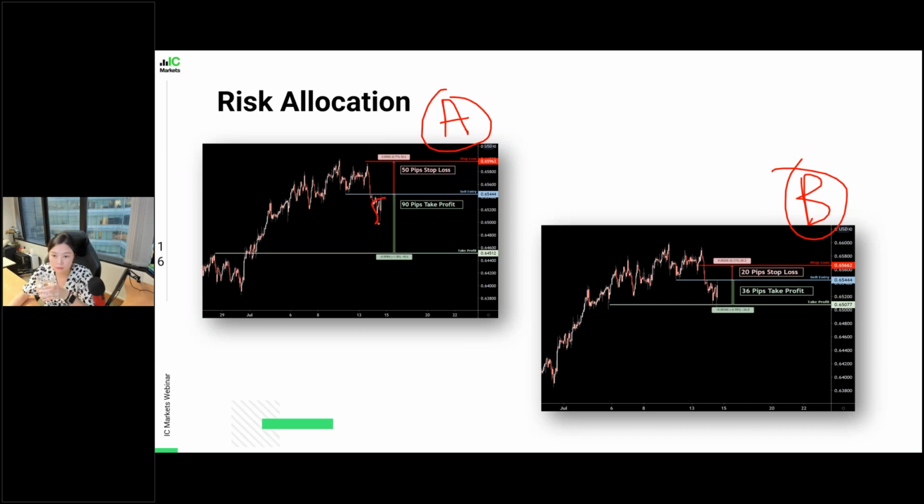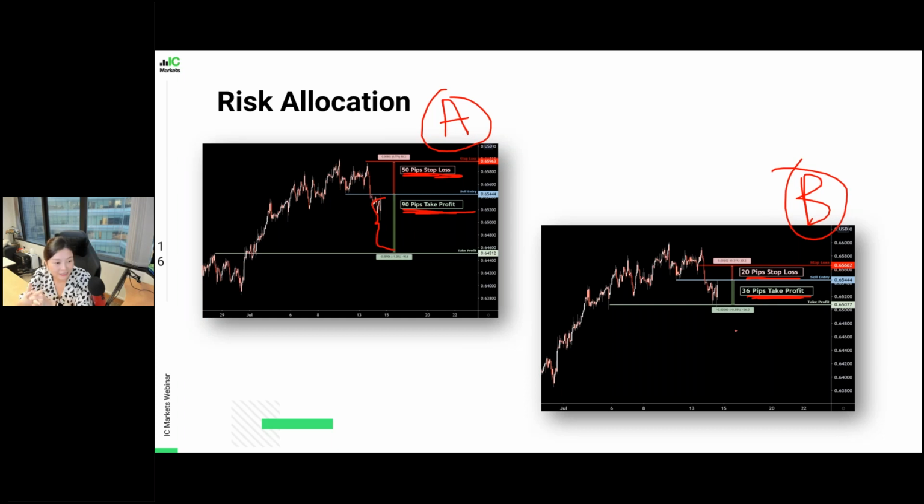This one looks like it's making more, right? 90 pip take profit versus a 36 pip take profit. Any answers, A or B? Okay, I have some answers. B, I make a lot but too much emotions. Yes, indeed.